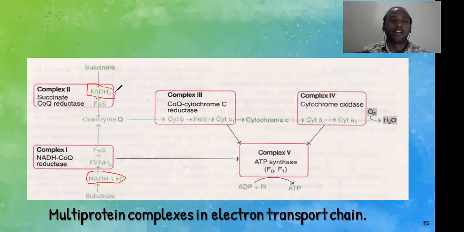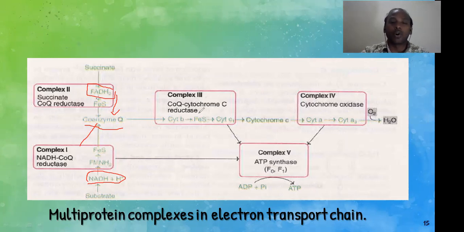This is the difference between complex 1 and complex 2. Finally, complex 1 electrons are given into coenzyme Q, and complex 2 also gives to coenzyme Q. So the connecting link between complex 1 and complex 2 is coenzyme Q, which can take the electrons either from complex 2 or from complex 1.